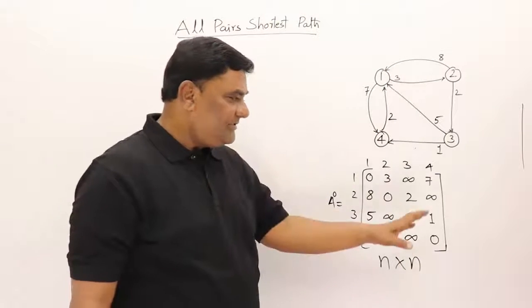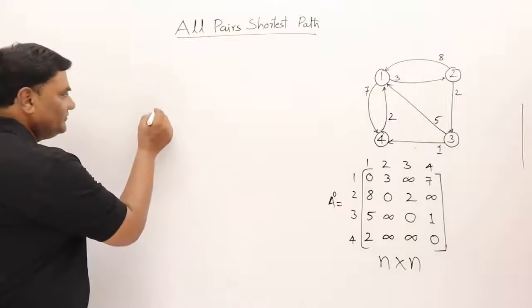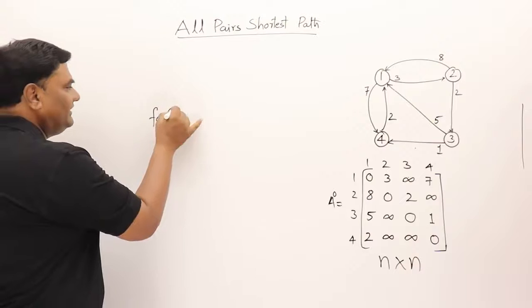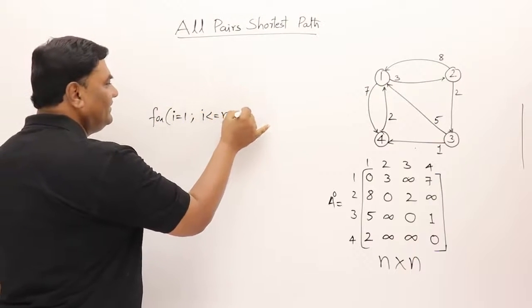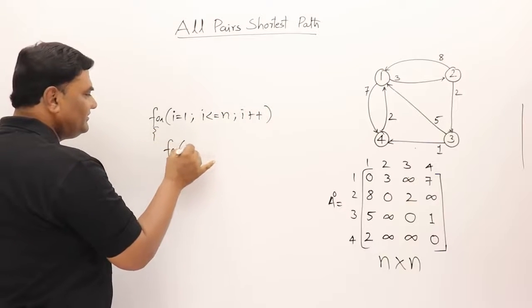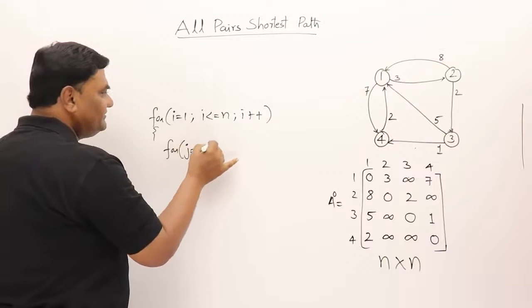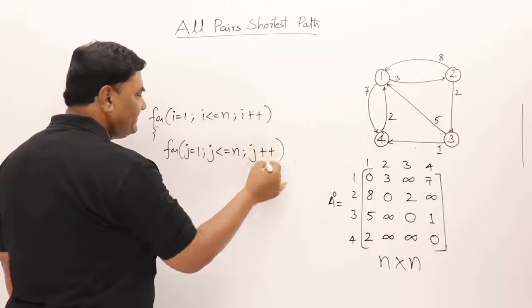Now for getting all the elements of a square matrix, I should have 2 for loops. So I'll take 2 for loops. For i assign 1, i less than or equal to n, i plus plus. And for j assign 1, j less than or equal to n, j plus plus.